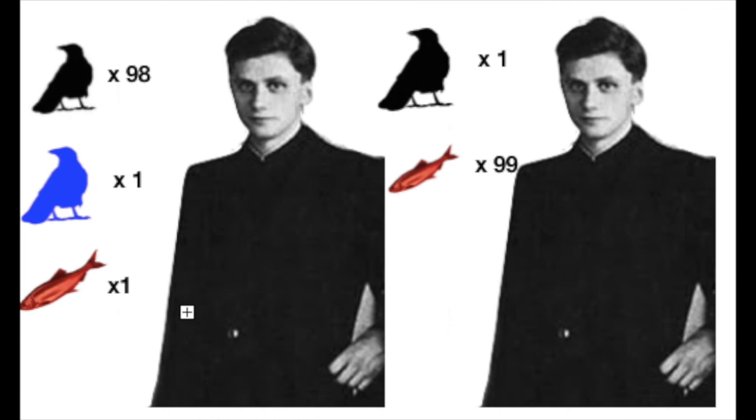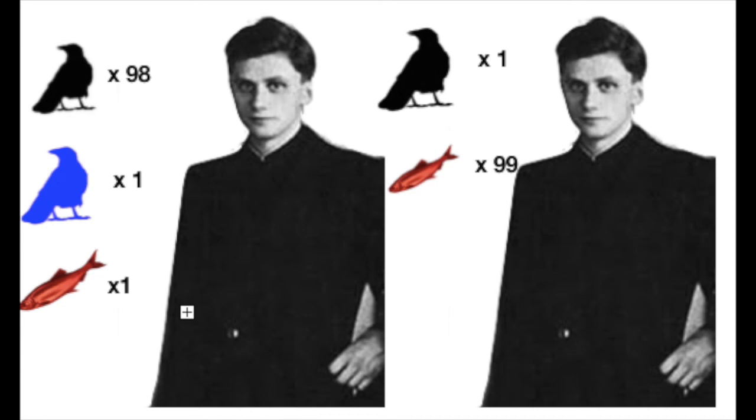Let's imagine that we know we are in one of 2 possible worlds. Both worlds have 100 objects in them. In one of these worlds there are 98 black ravens, 1 blue raven, and a red herring. In the other world, there is 1 black raven and 99 red herrings. If the first box we open has a black raven in it, we can be very sure that in the world we are in, "all ravens are black" is false.